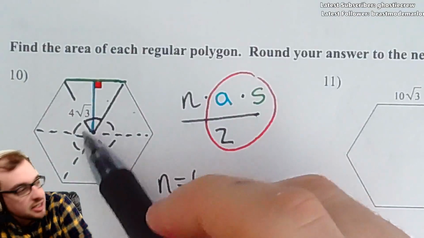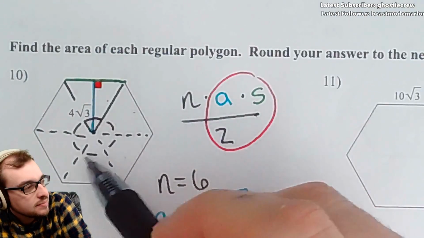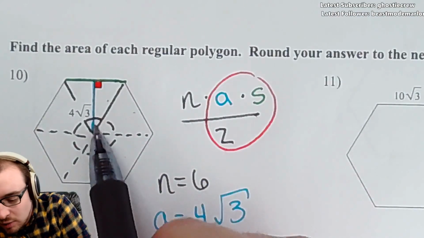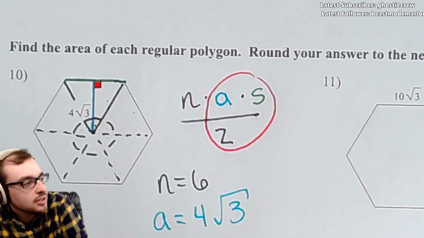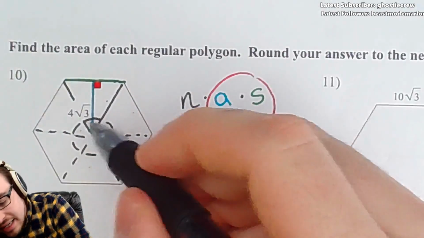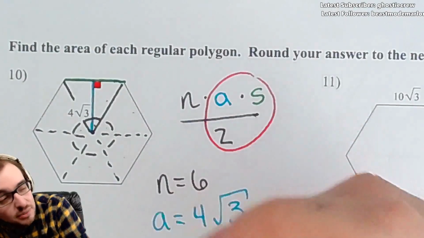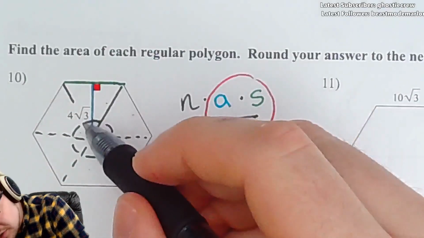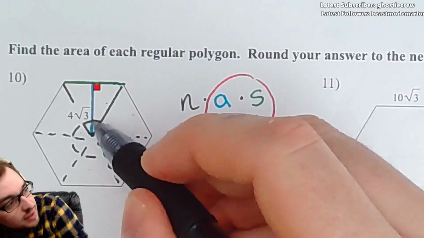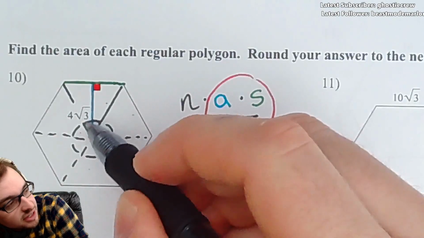Well, that's 360 degrees altogether, right? Makes a full circle. We have 1, 2, 3, 4, 5, 6 of them, the same number as the sides. So that black angle right there all the way across is going to be 360 divided by 6. So that whole thing's 60, because 360 divided by 6 is 60.